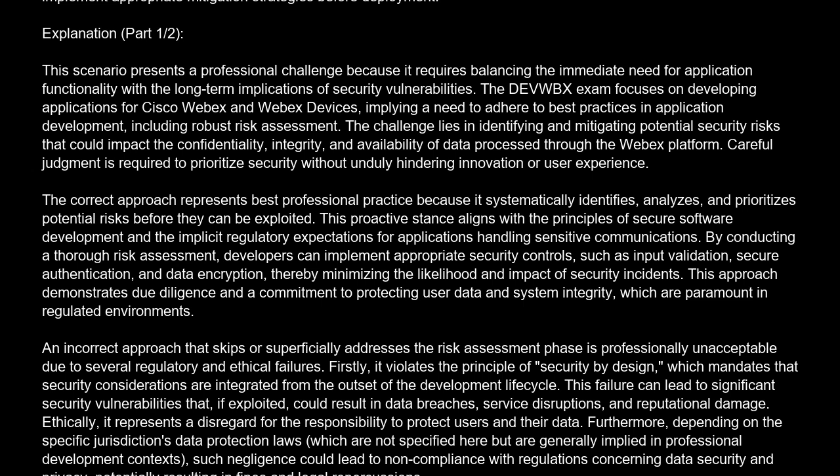Ethically, it represents a disregard for the responsibility to protect users and their data. Furthermore, depending on the specific jurisdiction's data protection laws, which are not specified here but are generally implied in professional development contexts, such negligence could lead to non-compliance with regulations concerning data security and privacy, potentially resulting in fines and legal repercussions.